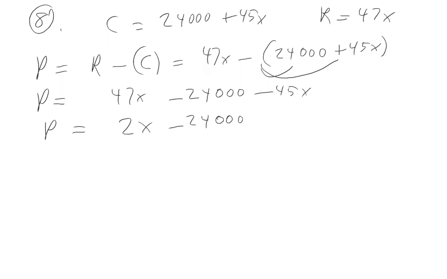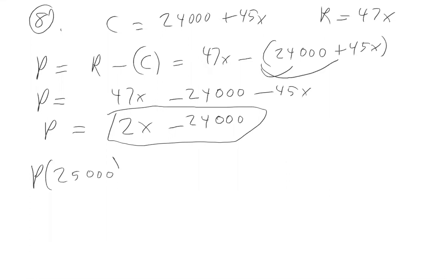So the profit function is 2x minus 24,000. And then you find the profit of selling 25,000 radios. That's just such a big number, it's hard to wrap my mind around. So if you sold 25,000 radios, that would be called P of 25,000.